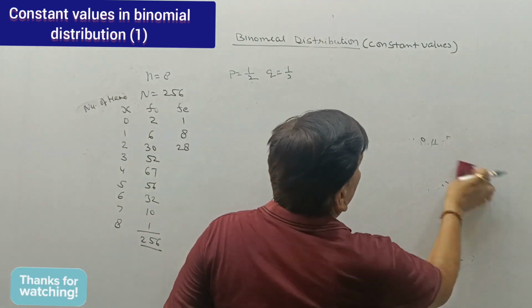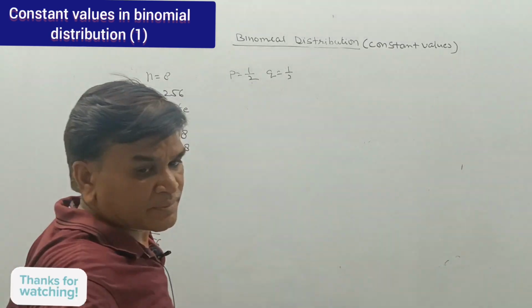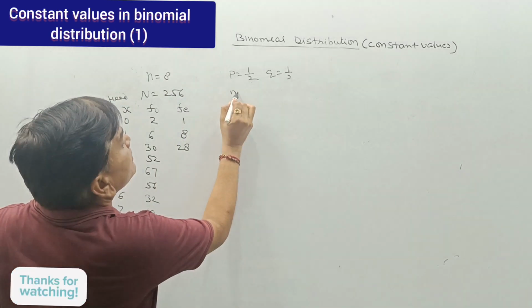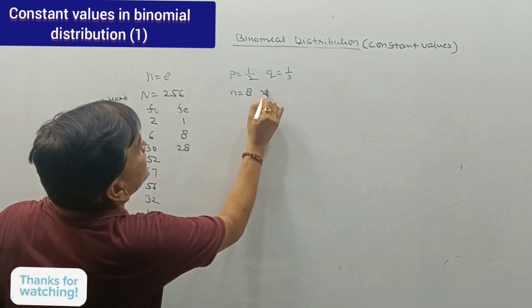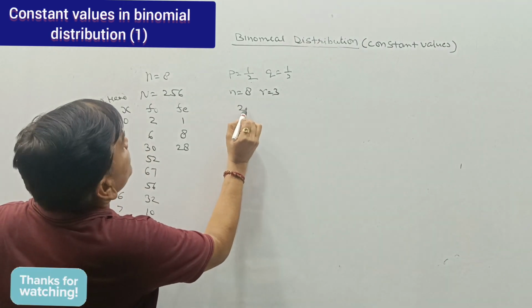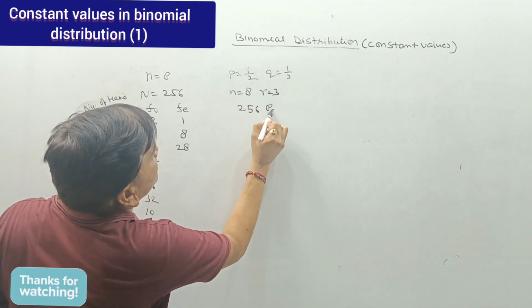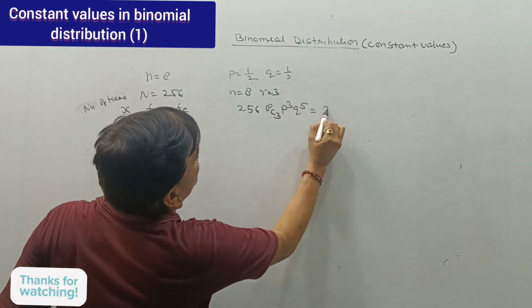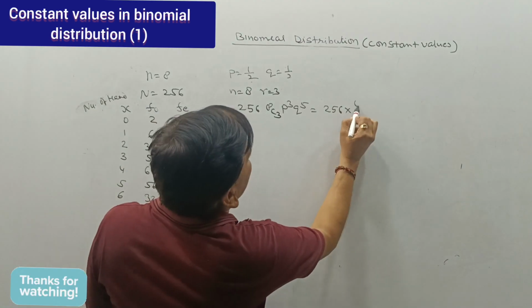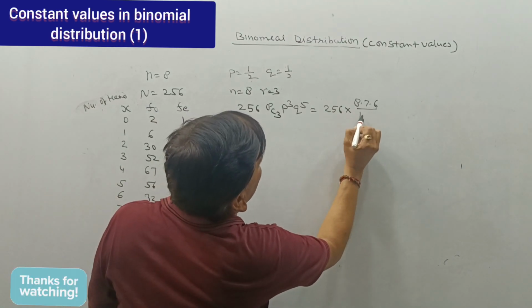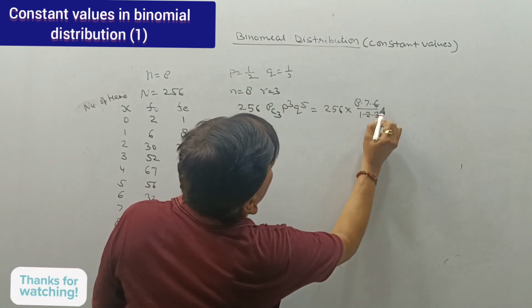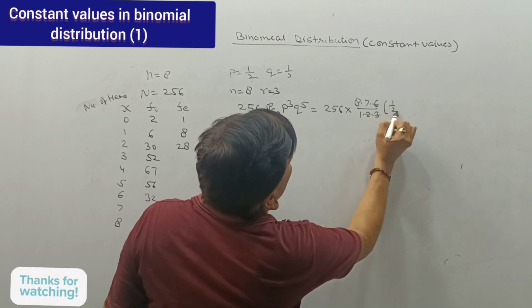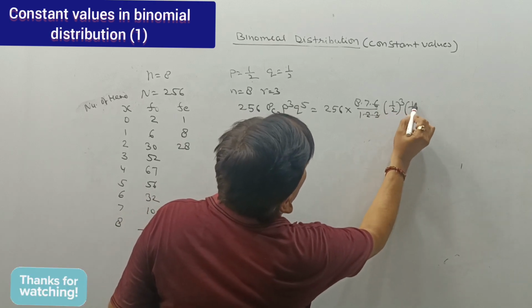If we are to calculate 3 heads, so n is equal to 8, r is equal to 3. So 256 8C3 p raised to power 3 q raised to power 5. So 256 multiply (8 multiply 7 multiply 6 upon 1 multiply 2 multiply 3), (1/2) raised to power 3 and (1/2) raised to power 5.